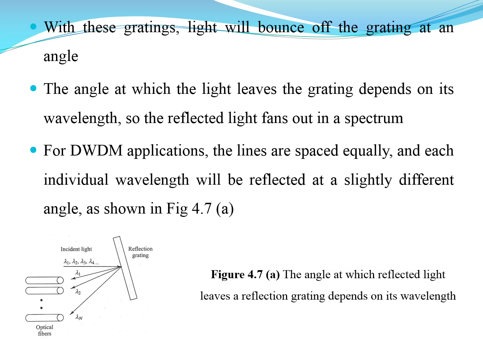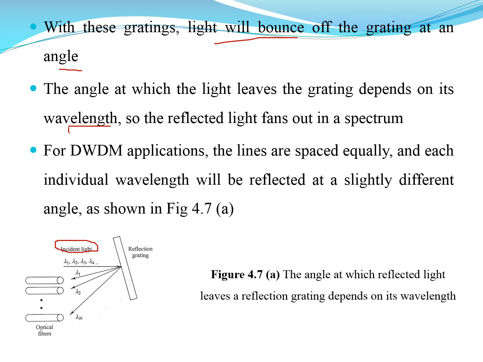With these gratings, light will bounce off the grating at an angle. You see here the incident light with different wavelengths is incident on this reflection grating, and due to the reflection, the light of different wavelengths is propagated into each of the optical fibers separately. The angle at which the light leaves the grating depends on the wavelength.